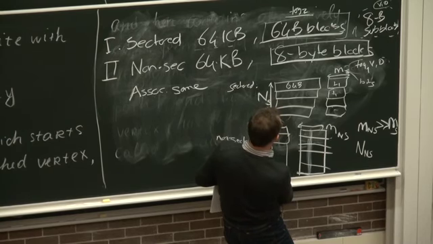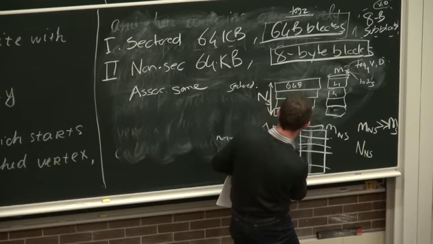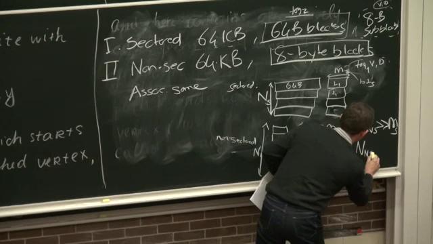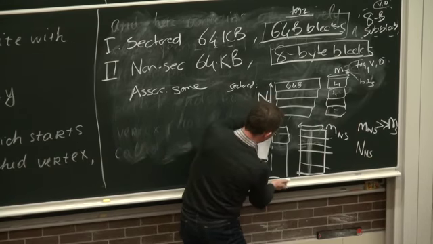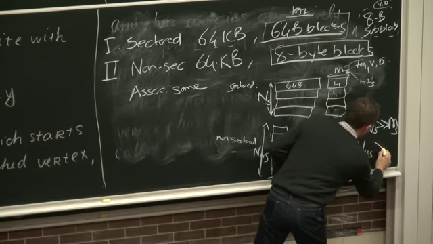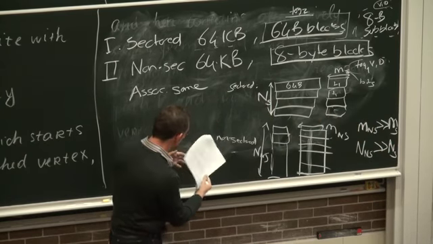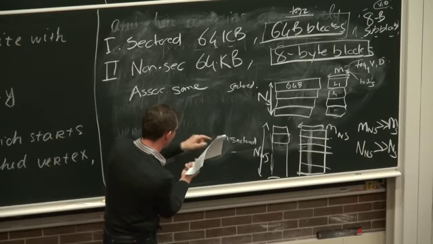Tag size should be smaller. No, this is true, right? This is true, yeah. So N non-sectored number of sets here is also much greater than N sectored, right? Yes. Okay, so that's another question. I'll get back to this soon.